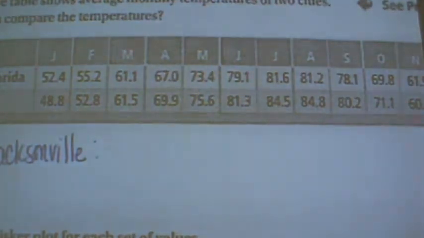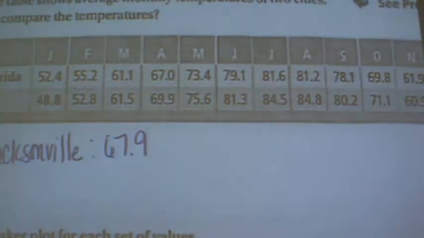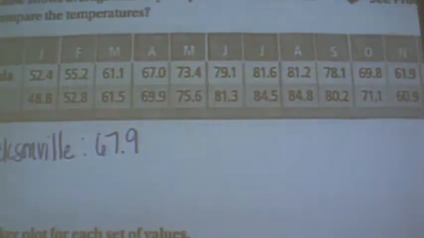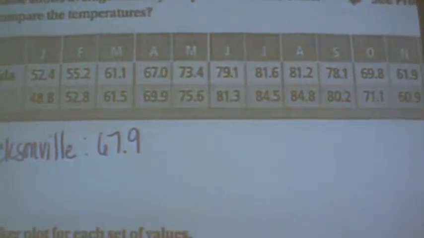So the mean for Jacksonville, if you add them up and divide by 12, you get 67.9. For Austin, the mean is 68.5.